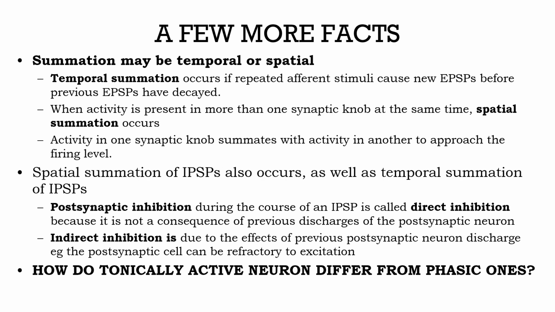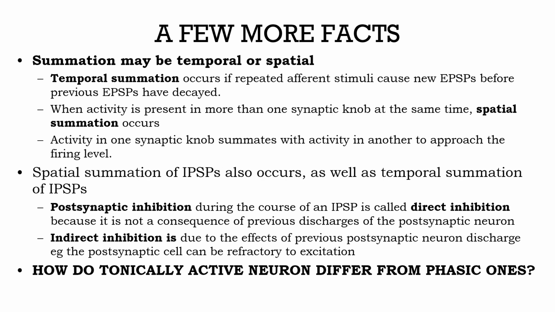Just before the first one moves out, another one comes in, and you have temporal summation because they're coming in at a fast rate. When the activity is coming from more than one knob, then you have multiple sources of action potentials to one cell. That is known as spatial summation.